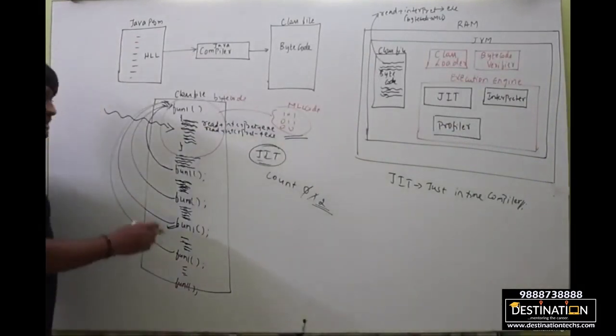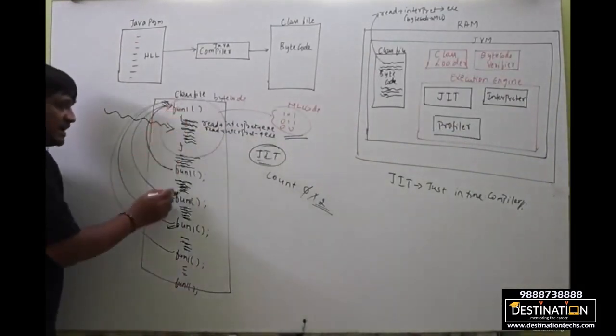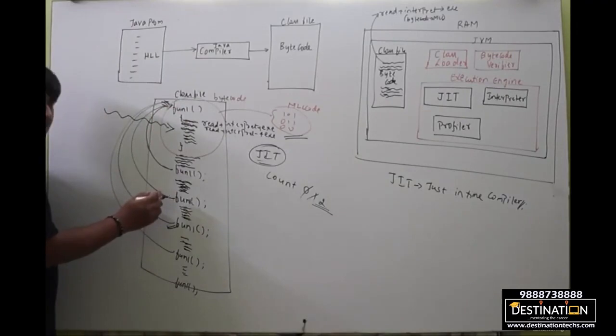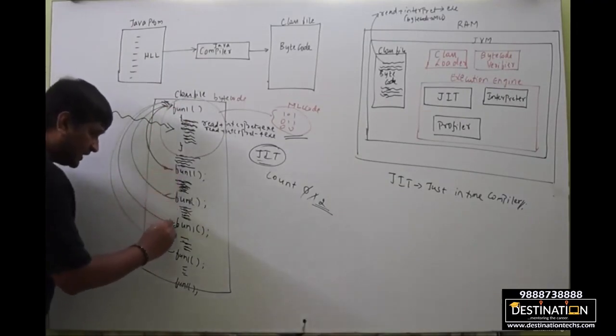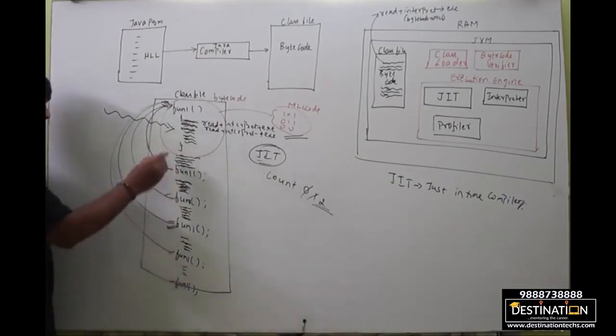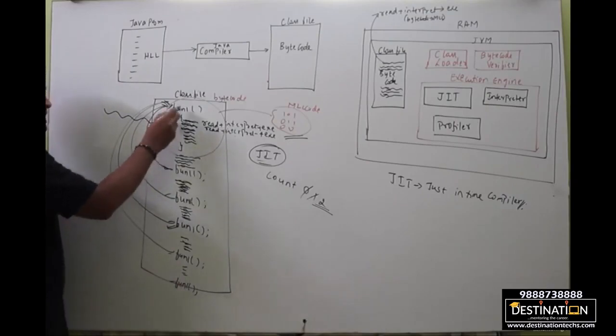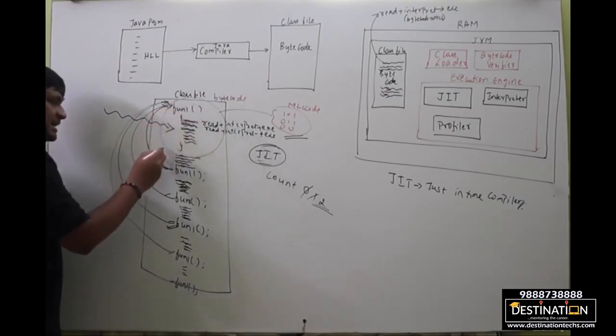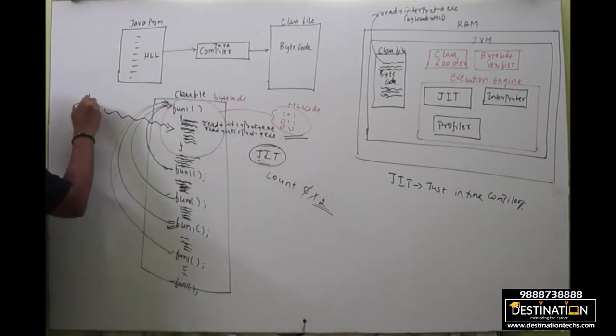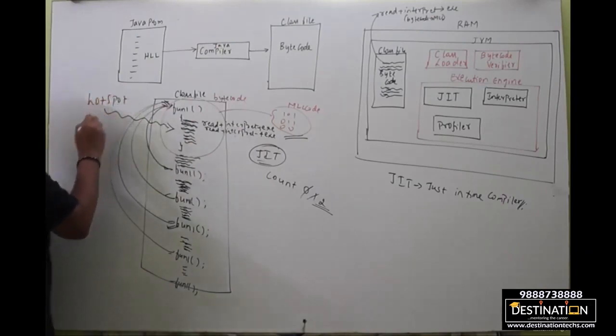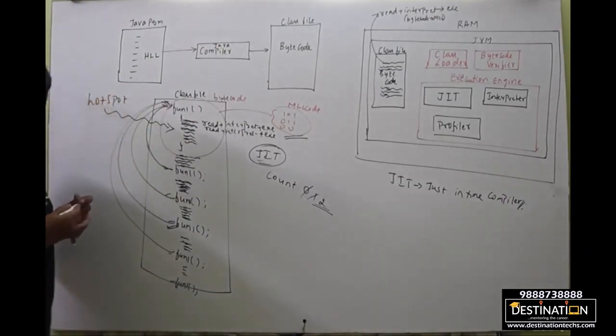Pay attention. Notice here. Now tell me, in this program, which is the method which is called multiple times? Fun1. So this method is getting called multiple times. Whichever method is getting executed multiple times, that method only we call as what? Hotspot. So in the interview, they ask what is hotspot.